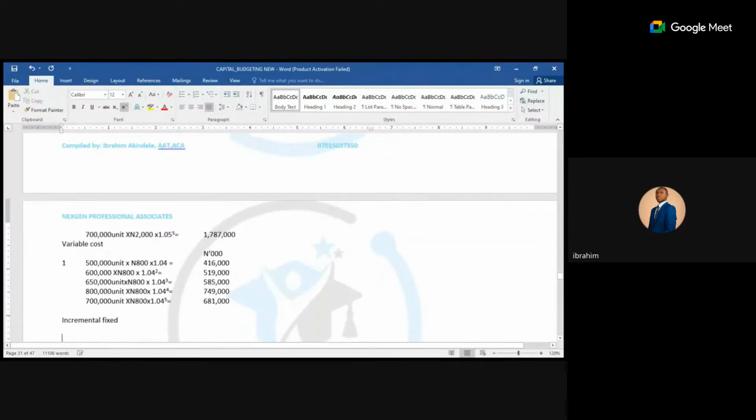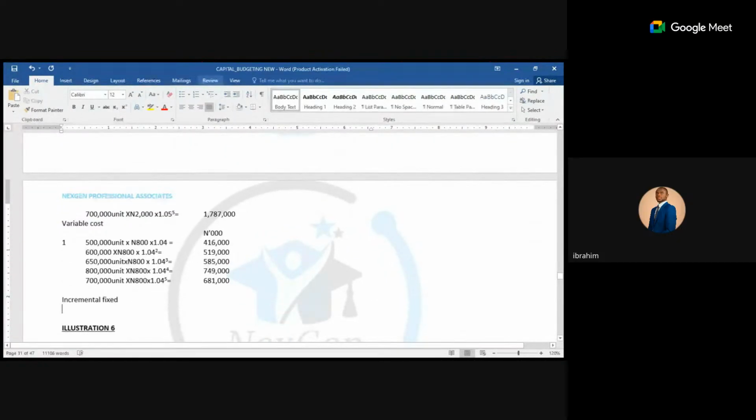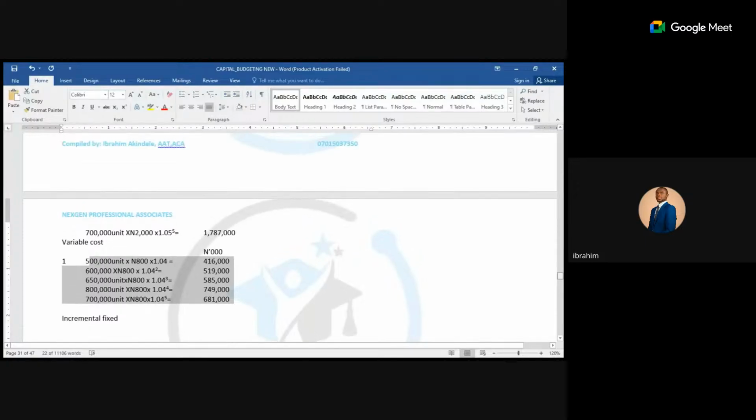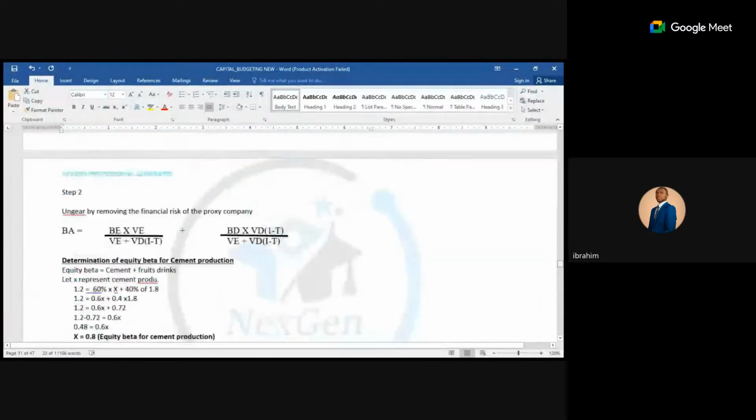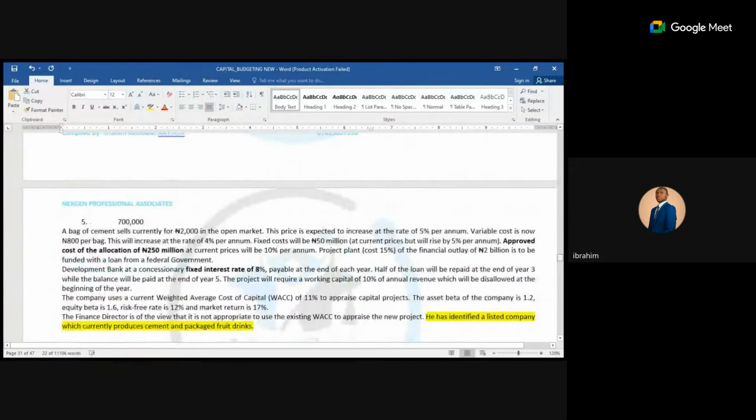So incremental fixed cost, right? What do we have in the incremental fixed cost? Fixed cost will be 50 million at the current price, which means at year 0. After that, it rises by 5% per annum.